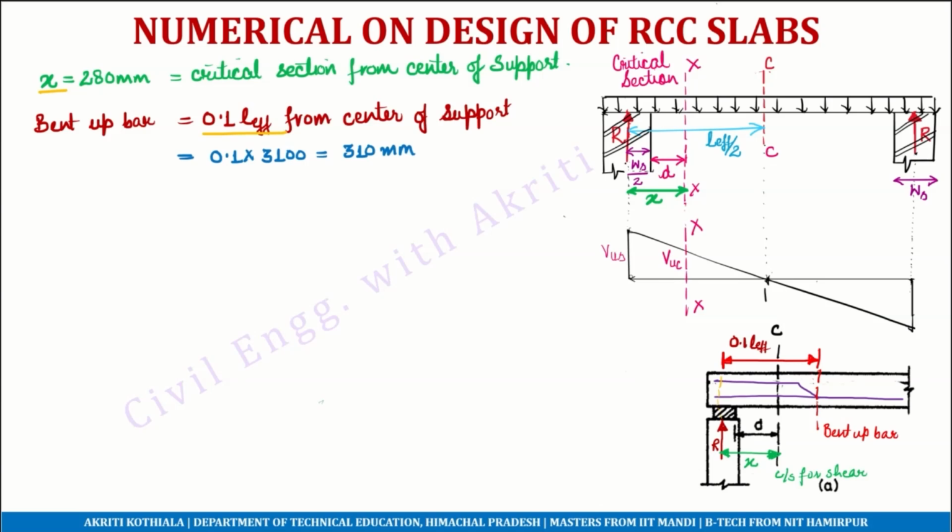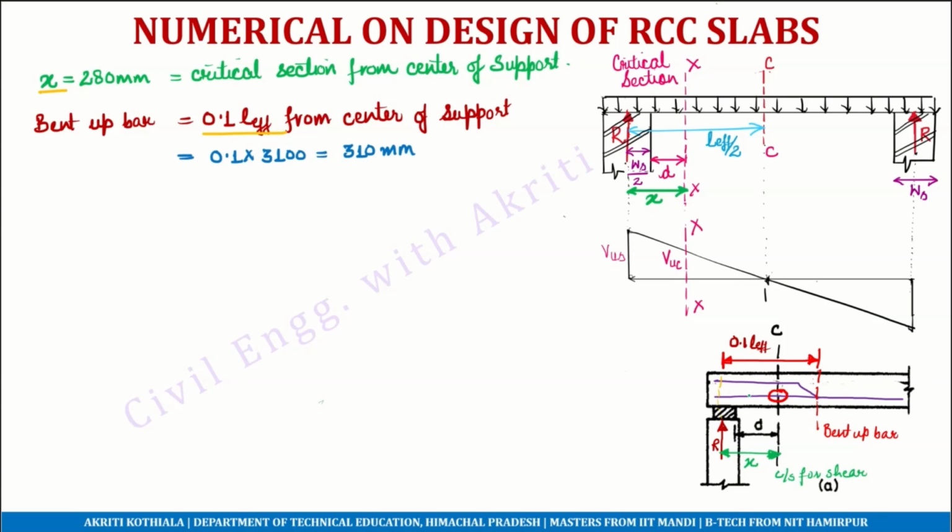So for the critical section, the main reinforcement which is entering the critical section is just 50% of the steel provided as the main steel, because every alternate bar is being bent up, so only half of the steel is entering this point.